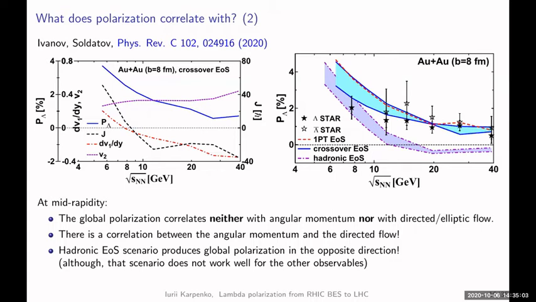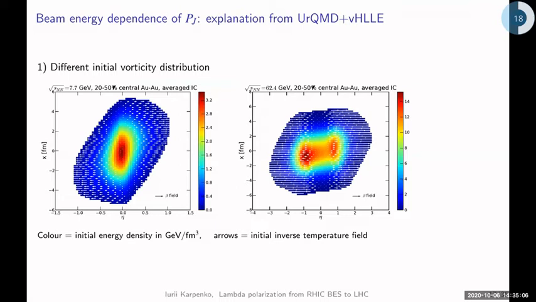Okay, so with that, I move towards the actual explanation of the energy dependence. One explanation of the beam energy dependence of the global polarization is basically the following. First off, you start doing the calculation at different collision energy. The hydrodynamic system starts with different initial vorticity. At low energies there is a significant effect of baryon stopping, and the system is actually quite short in longitudinal rapidity.